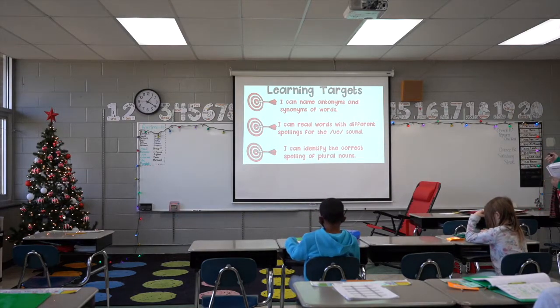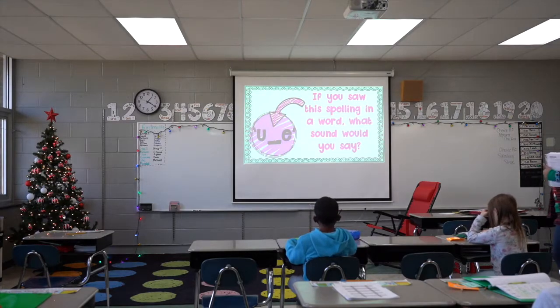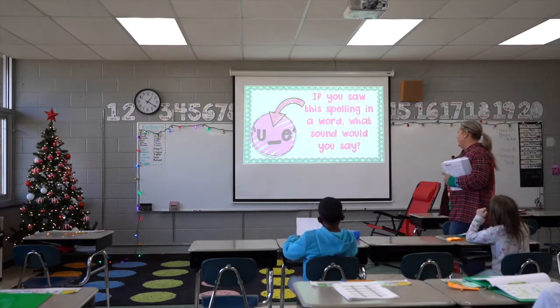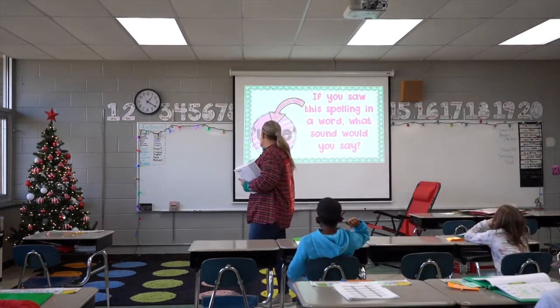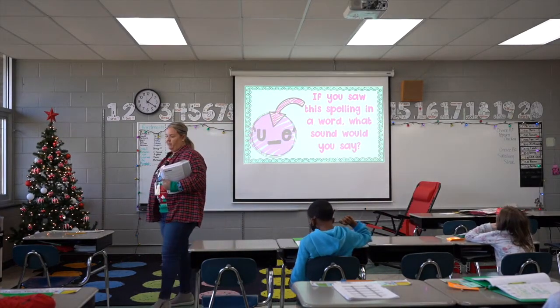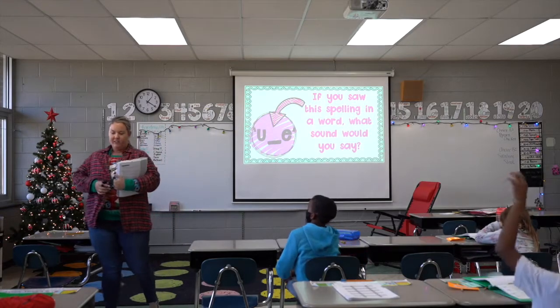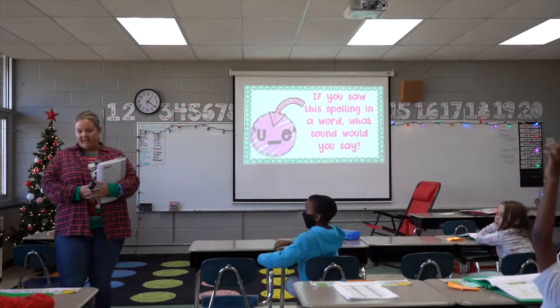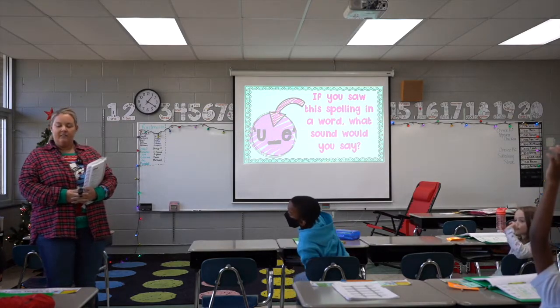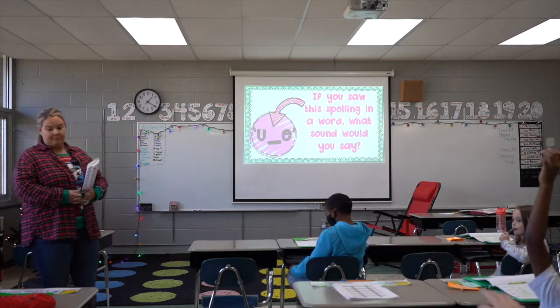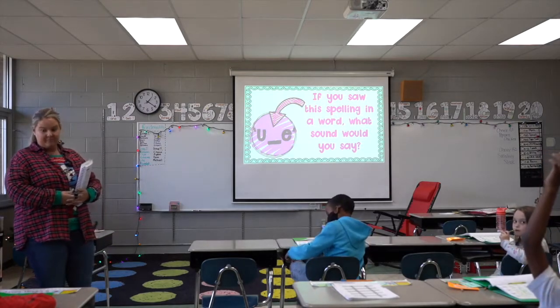All right. So let's see what they want us to do today. If you saw this spelling in a word, what sound would you say? Jackson, what would you say? You wouldn't say that. Why not? Because the E then makes it say its letter.